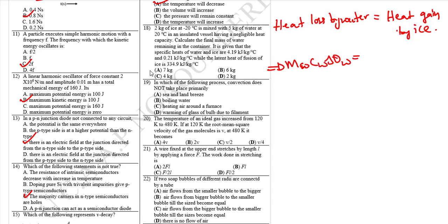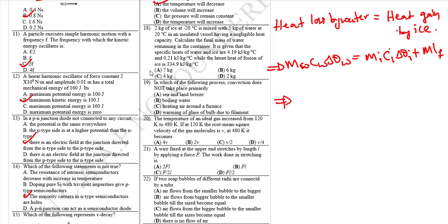It will be equal to the heat gain by ice. Since heat has certain absorbing capacities, we have Mi, C of ice, delta theta of ice, plus a certain hidden heat. So what do we have? M times Lf. Since there is a change of state from solid to liquid, at that time temperatures are constant, so it means there is a hidden heat, so we take it into consideration.